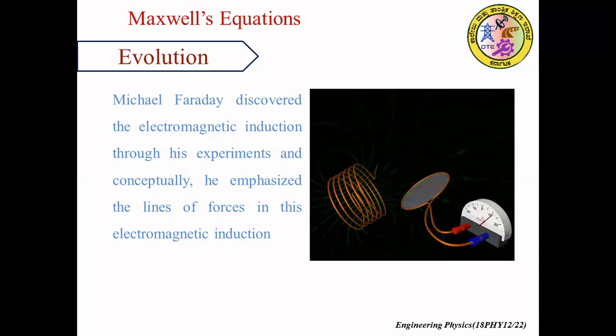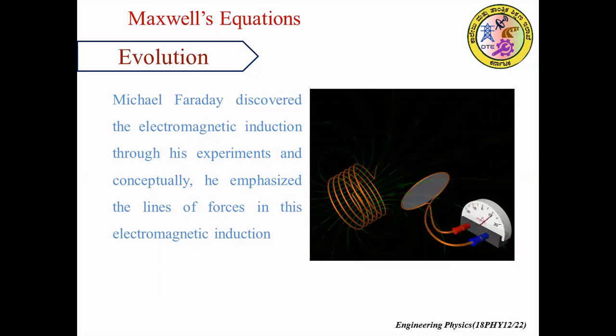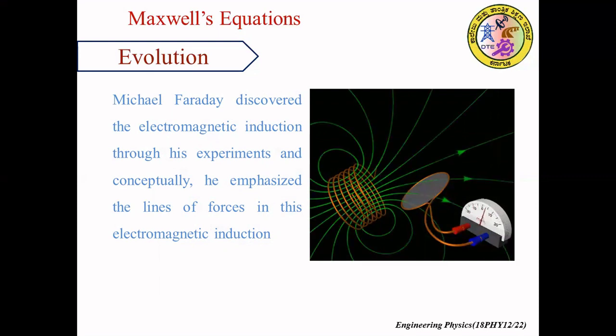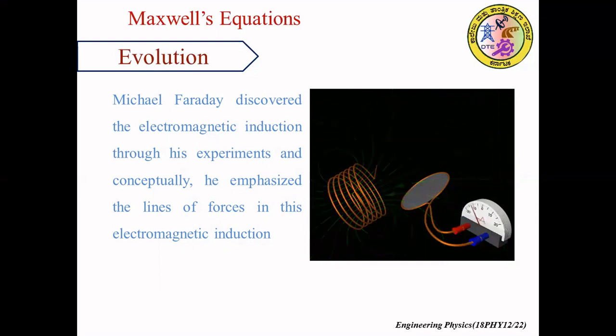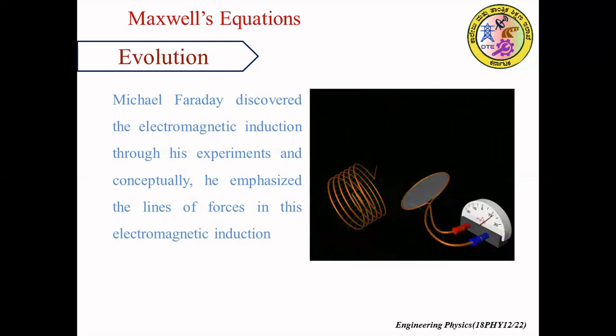That current is shown on the ammeter. So the concept here is when magnetic lines of force are intercepted by a conductor, then EMF is set up in that conductor and the current is driven. So this is Michael Faraday's observation.